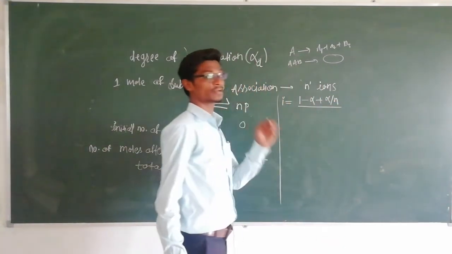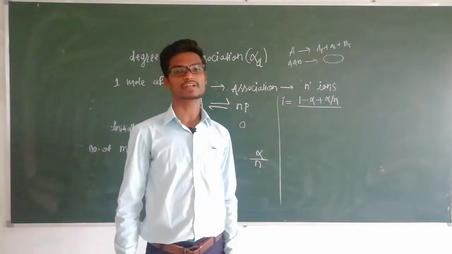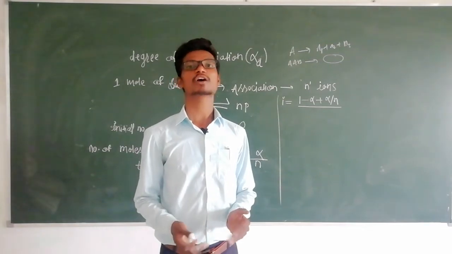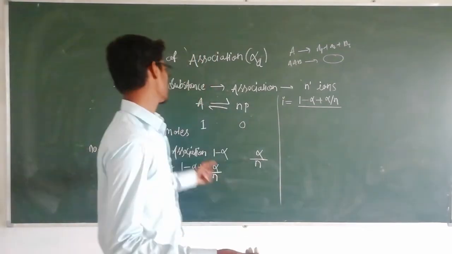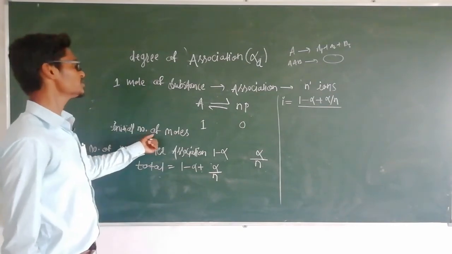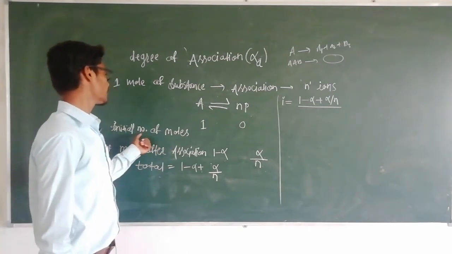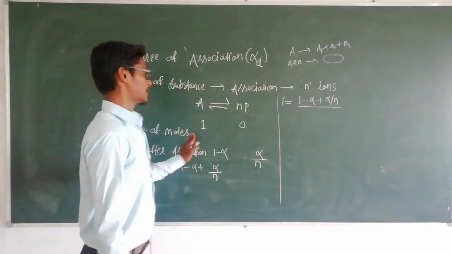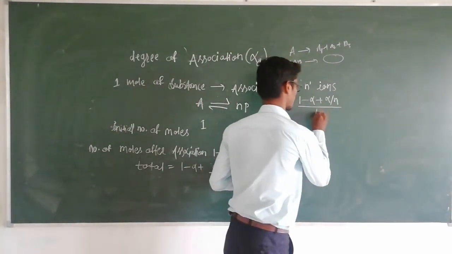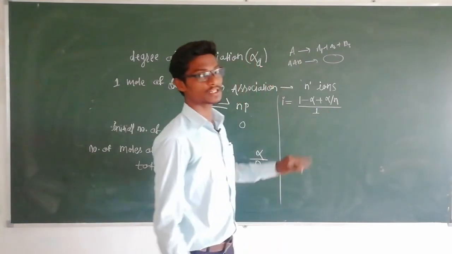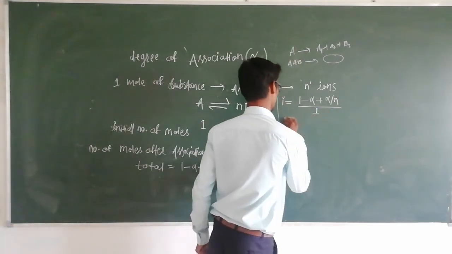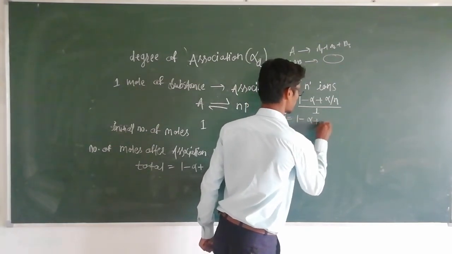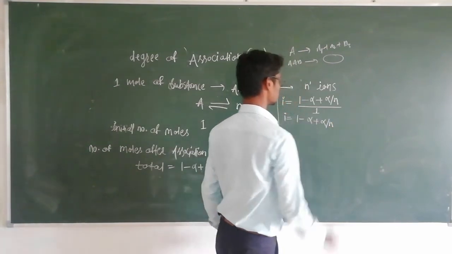In the denominator, what do we take? In the denominator we take the number of particles that are not dissociated or not associated, that means in the initial case, that is 1. After solving this equation, we have i is equal to 1 minus alpha plus alpha by n.